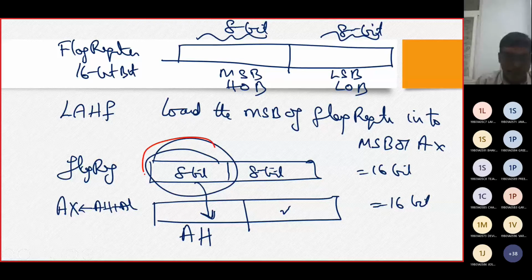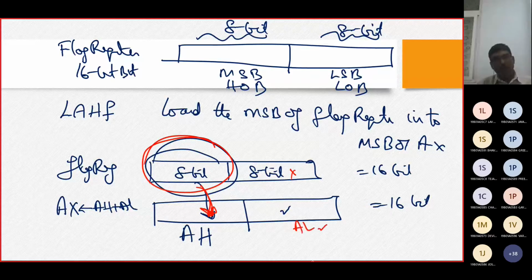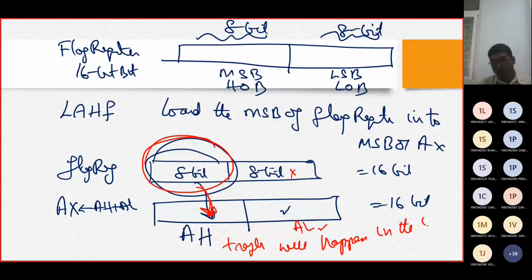Whatever flag register 8 bits are there, those 8 bits are moved into the accumulator. AL will remain constant. The transfer will happen only in the upper half. That is where the move operation is initiated.